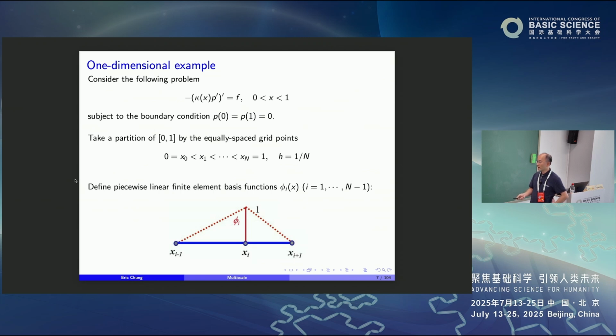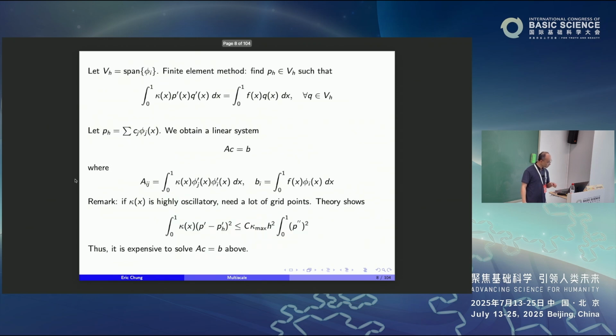So the phi is defined like this: at point xi, the value is 1, and at the other nodal points, the value of phi is equal to 0. Between any two nodal points, this is a linear function. So it's a piecewise linear basis function, a standard scheme for solving this second order differential equation.